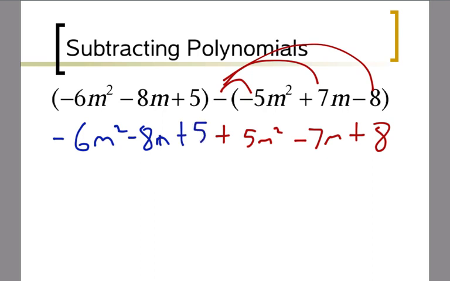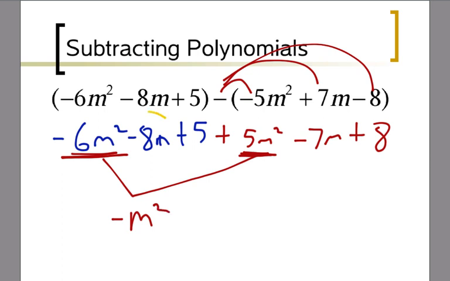Now, I go ahead and just combine my like terms like I did on the last problem. So I start with my negative 6m squared, and I see I have 5m squared. So I go ahead and combine those two. Negative 6 plus 5 is negative 1m squared. And then I have negative 8m, and I have a negative 7m. So I go ahead and combine those.